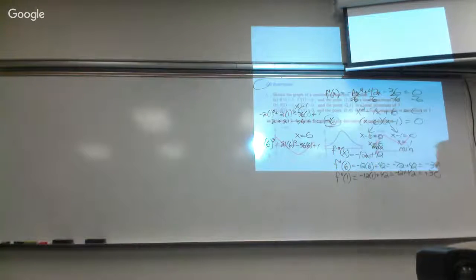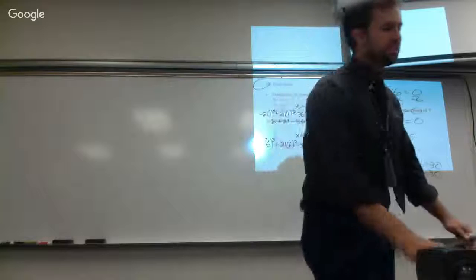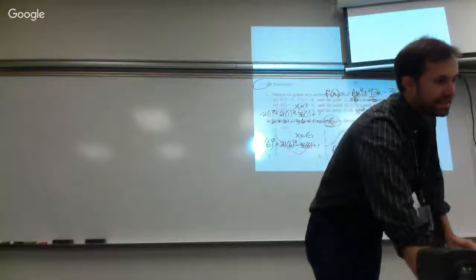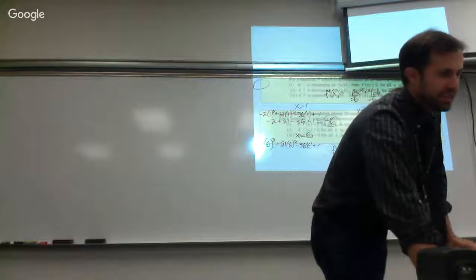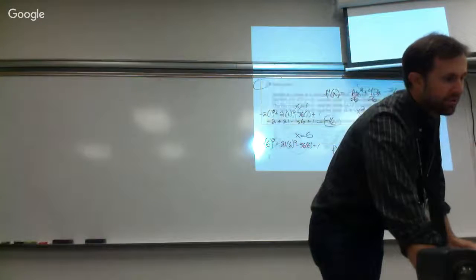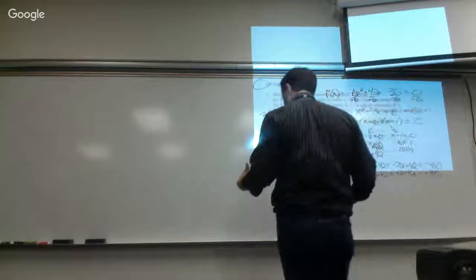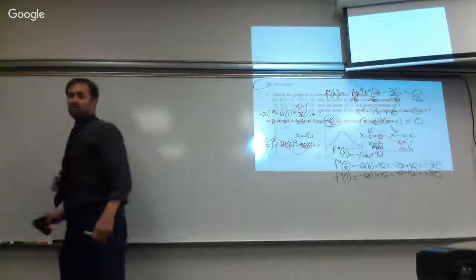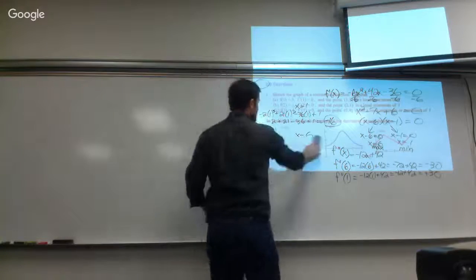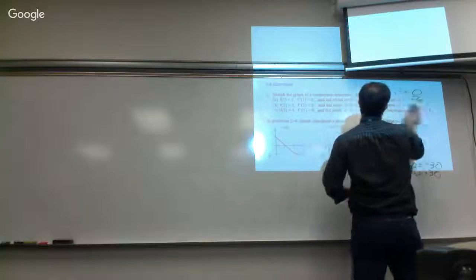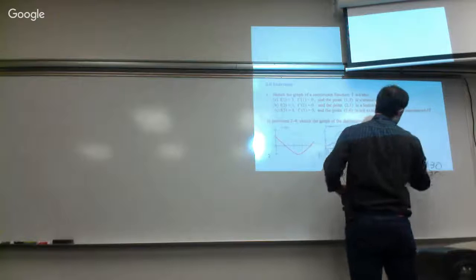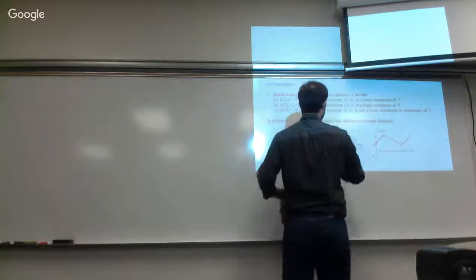Looking at section 2.8, this whole chapter was called curve sketching. Now this might be a little counterintuitive, but they want you to develop the ability to figure out what the graph looks like without using a graphing calculator.